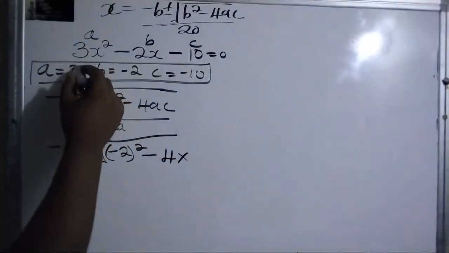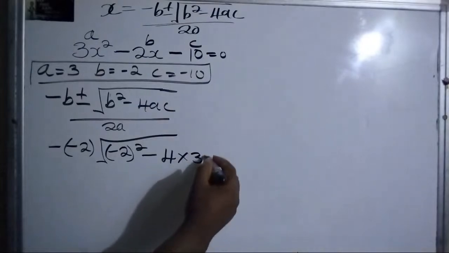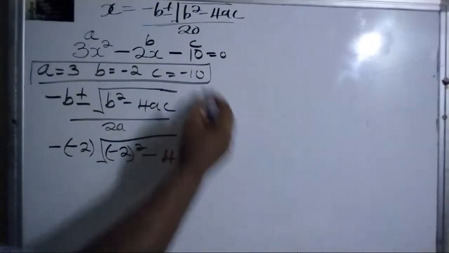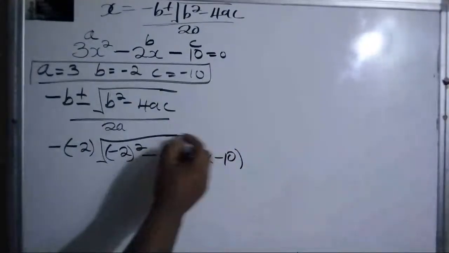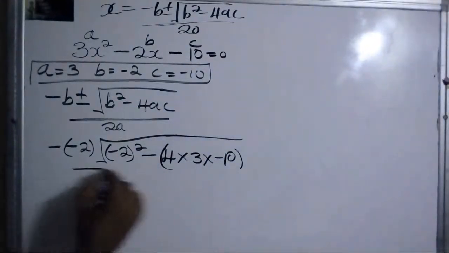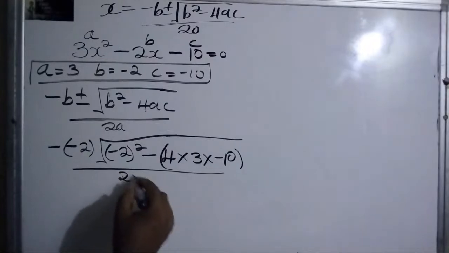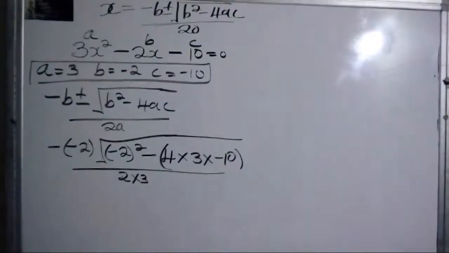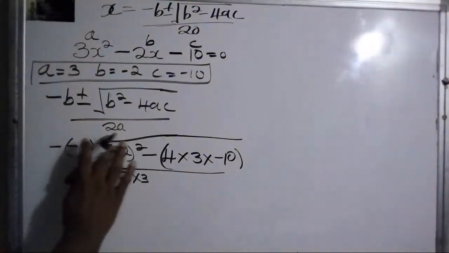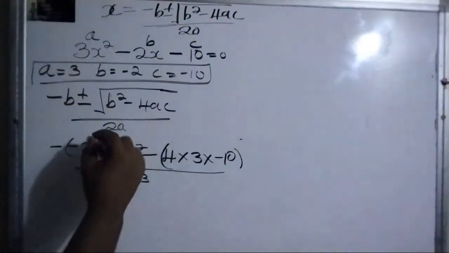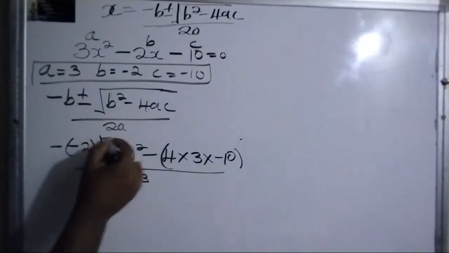A is 3. So we put 4 times 3 times c, which is negative 10. All over 2a. But this time a is 3, so we put 2 times 3. So we just substitute. We did not do any calculation. All we do is substitute the values in the equation.